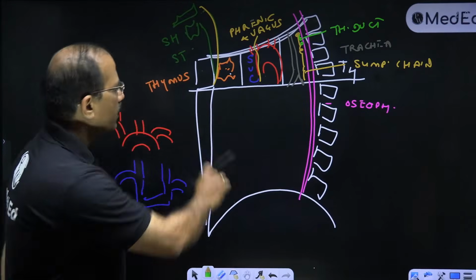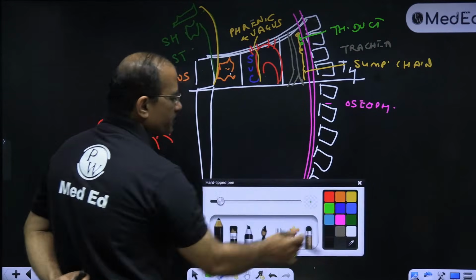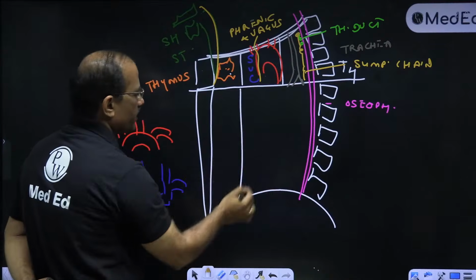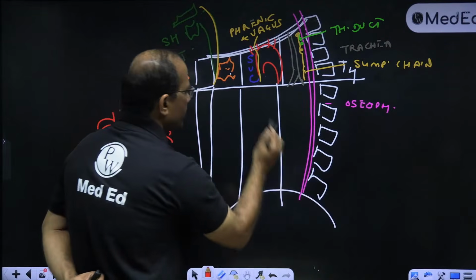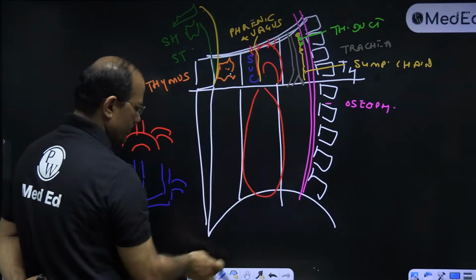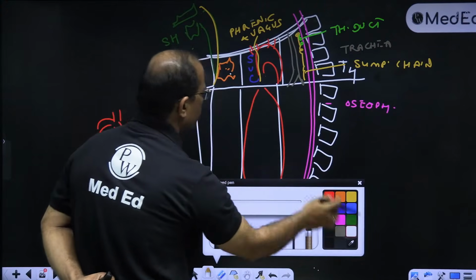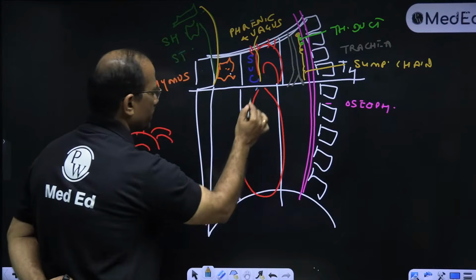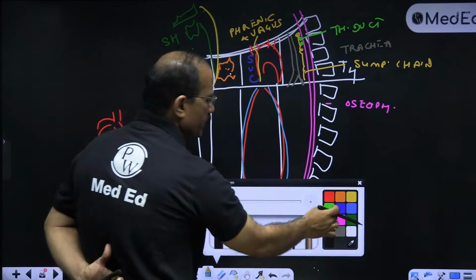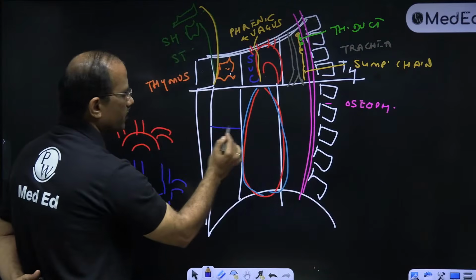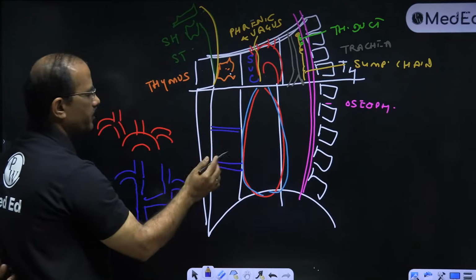Very good. Now coming to the inferior mediastinum. It is divided into anterior, middle and posterior parts. What lies in the anterior part?